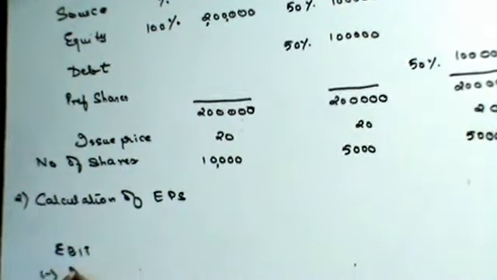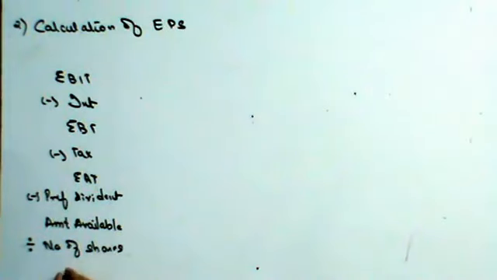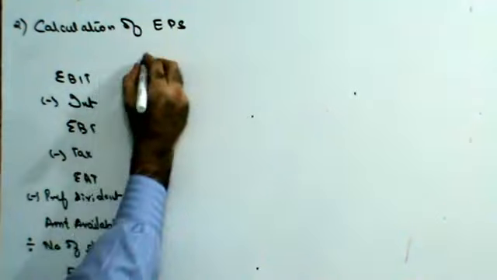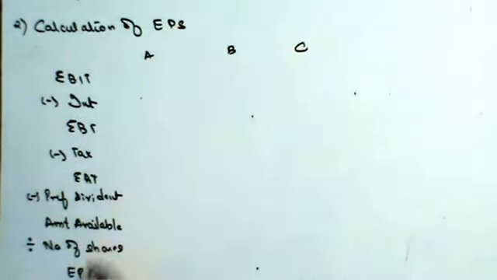EBIT less interest will give you EBT, less tax will give you EAT, less preference dividend will give you amount available to the shareholders, equity shareholders, divided by the number of shares will give you EPS. You have Plan A, Plan B and Plan C.